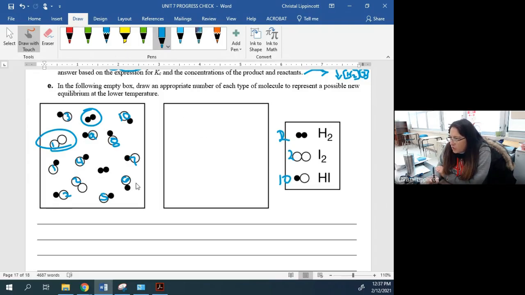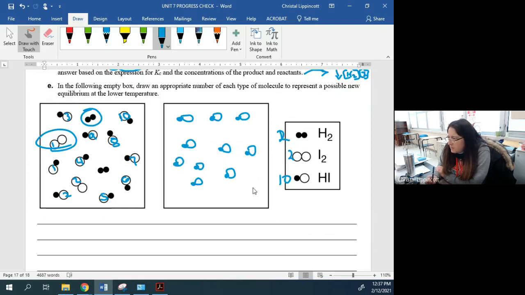Okay, and then we've got to draw the ones that are already in there. So I've got to draw 10 in that were already there to begin with. 4, 5, 6, 7, 8, 9, 10. So that was my starting amount.